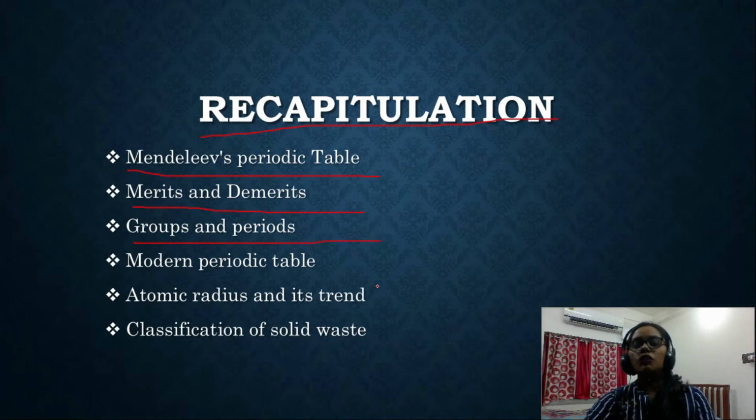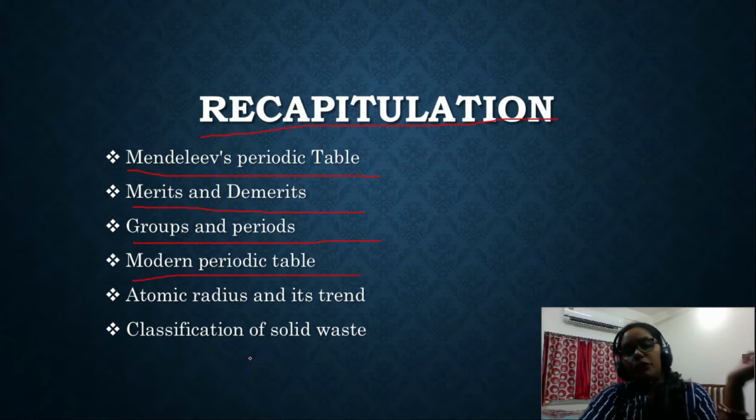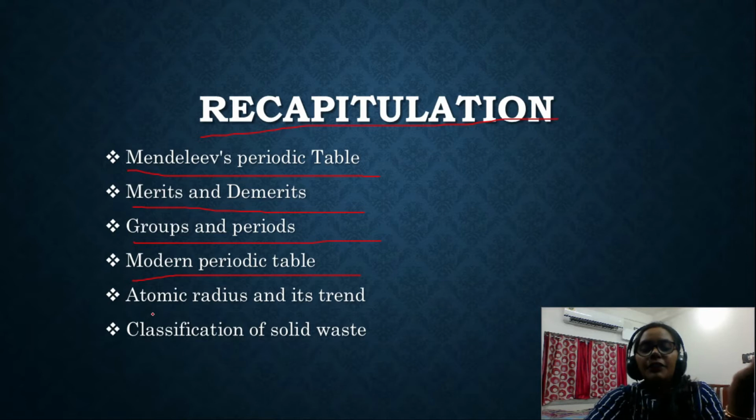We have seen also what are the groups and what are the periods in the periodic table. Actually, all the columns are called groups, and all the rows are called periods. Next, we have seen the modern periodic table. And also we have seen the atomic radius and its trend, and the classification.